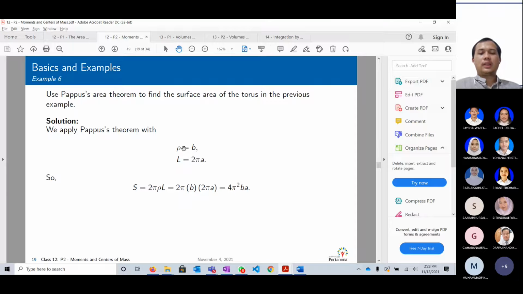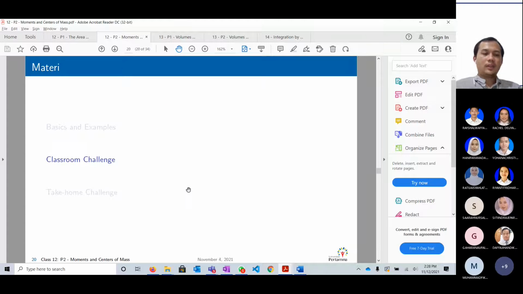The distance from the center of mass of the disk to the x-axis is b, and the perimeter is 2 pi times the radius. Then the surface area is basically this. It's quite clear, I think.